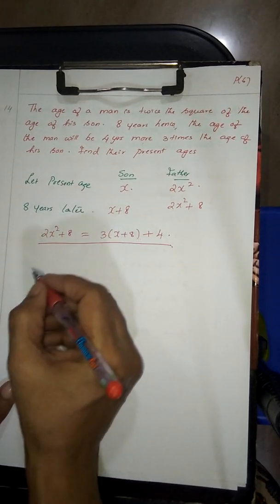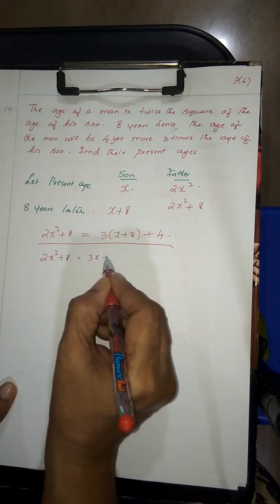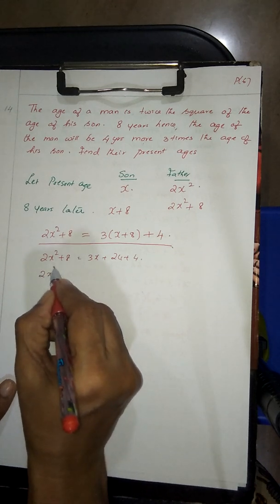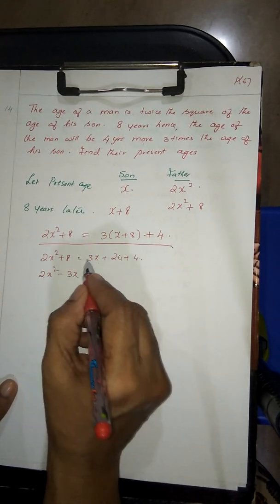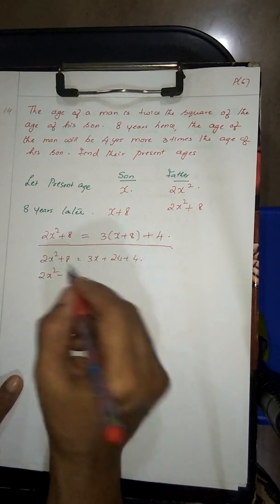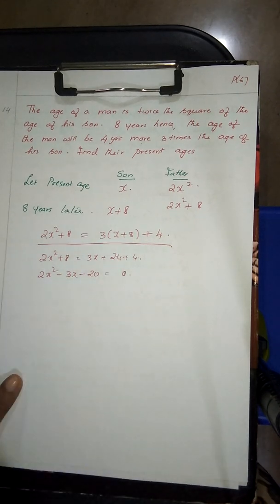Now we will simplify this. 2x squared plus 8 is equal to 3x plus 24 plus 4. So 2x squared minus 3x, then 28, when it comes to this side it is minus 28. So minus 20 is equal to 0.